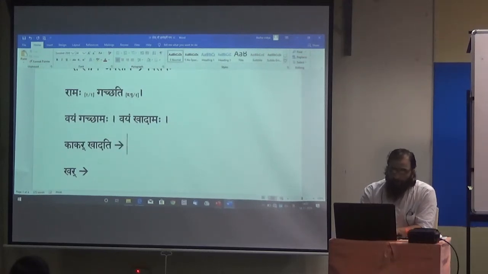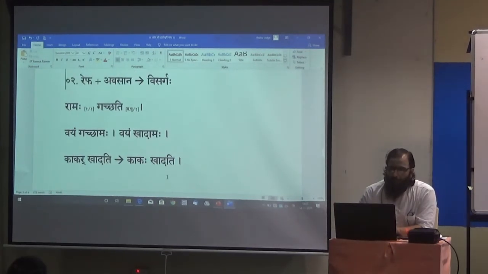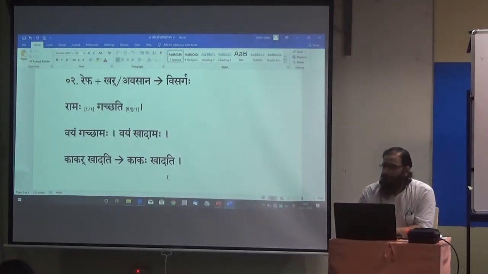Padanta Repa becomes Kakaha. So Kakar becomes Kakaha. You see that? Therefore, Repa when followed by a kar letter or Avasana will become Visarga. This is rule number 2.